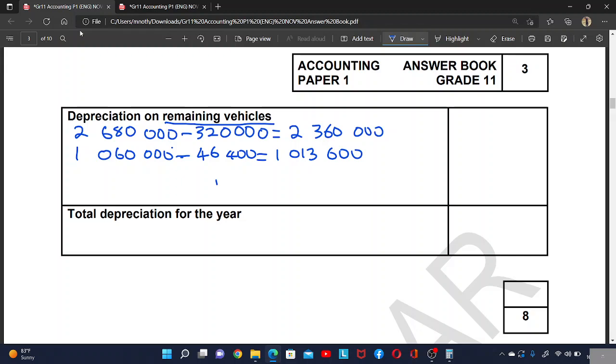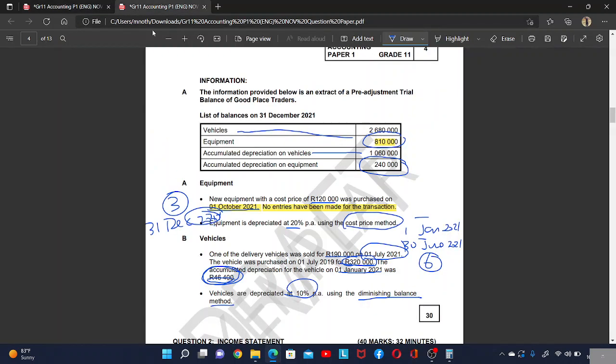Because vehicles are depreciated at 10% per annum using the diminishing balance method, when calculating the depreciation we must subtract the accumulated depreciation.